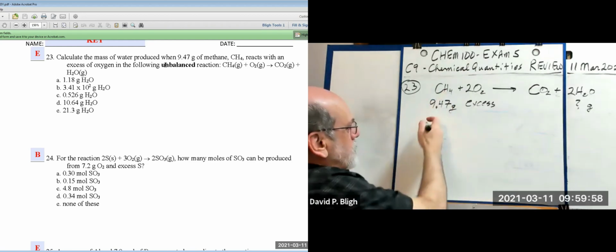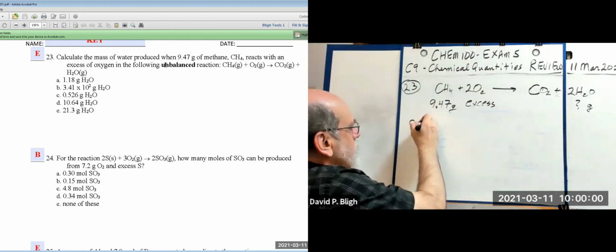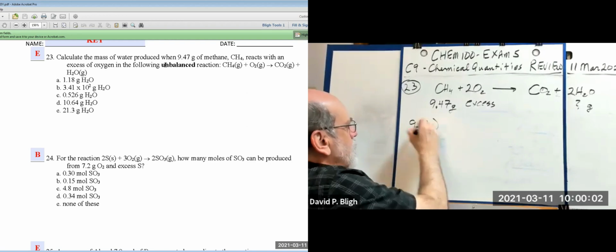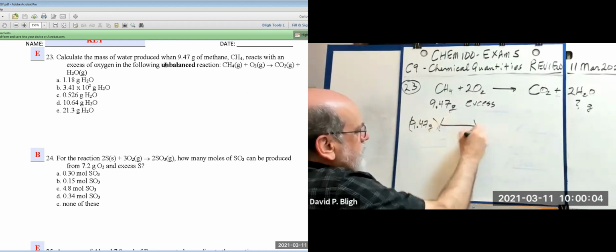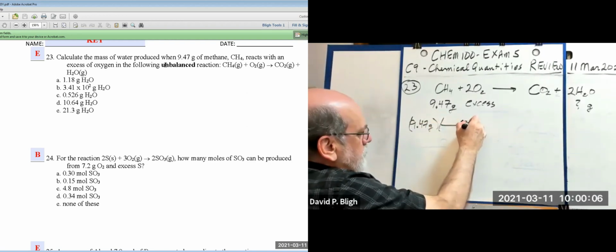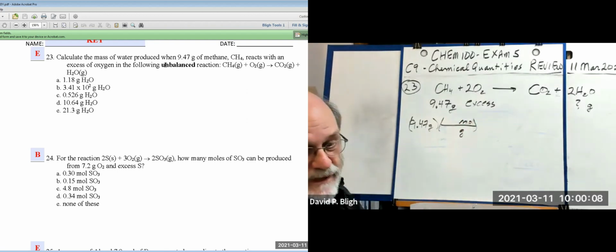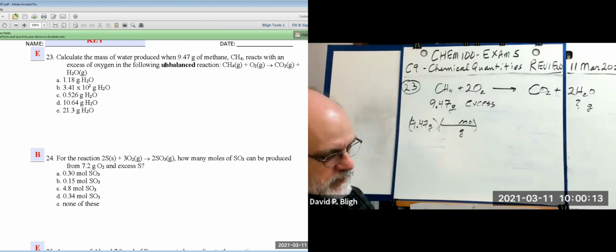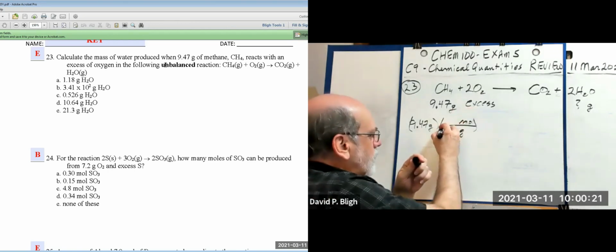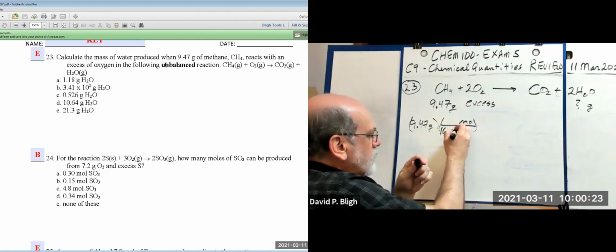So what do we need to know here? We need to know the molar mass of methane. 1 carbon, 12.01, and 4 hydrogens, 4.04. That's 16.05.